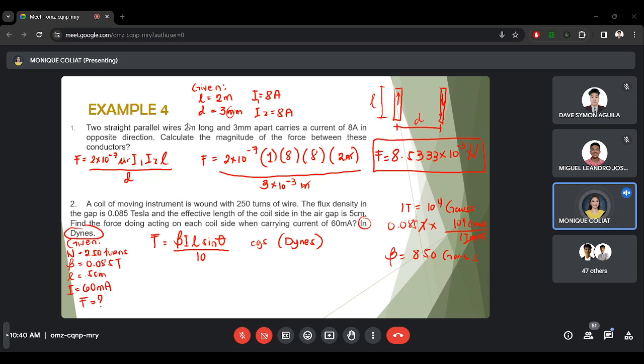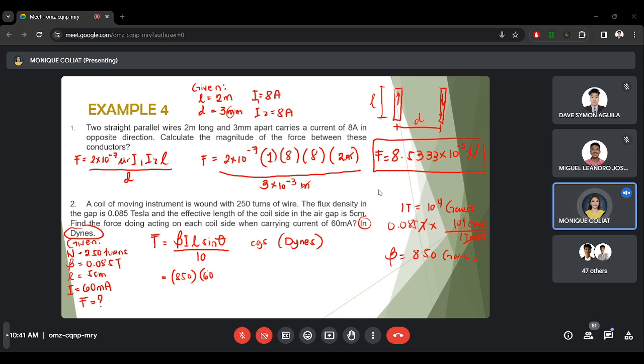The length is in centimeters, so that is in CGS. Then, the current, you don't need to change that because current is in ampere always, given in MKS, CGS, and English. So, just substitute it in the formula. We have 850 Gauss.